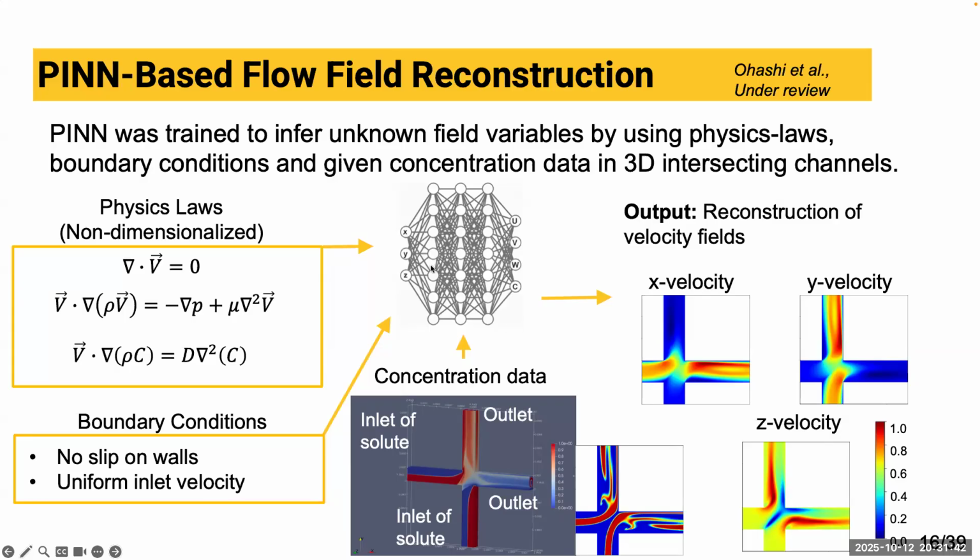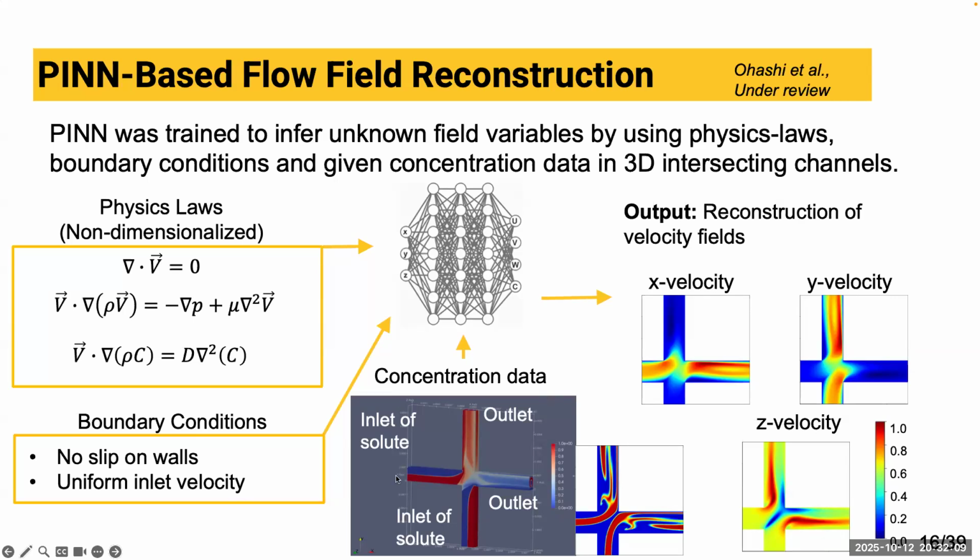And this PINN is constrained by the following non-dimensionalized governing equations, including continuity, x, y, z momentum, and species transport equations. We also apply the following boundary conditions, such as no slip on walls and uniform inlet velocity. And we also provide concentration data obtained from simulation.